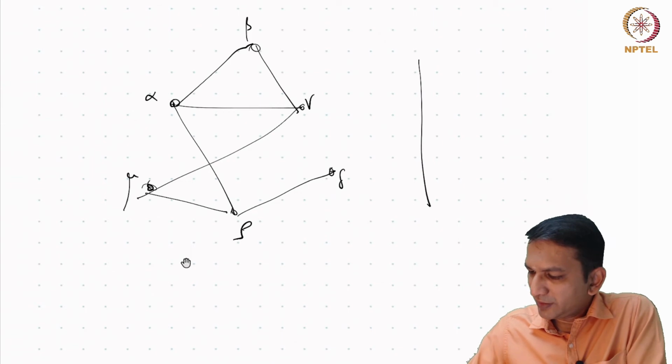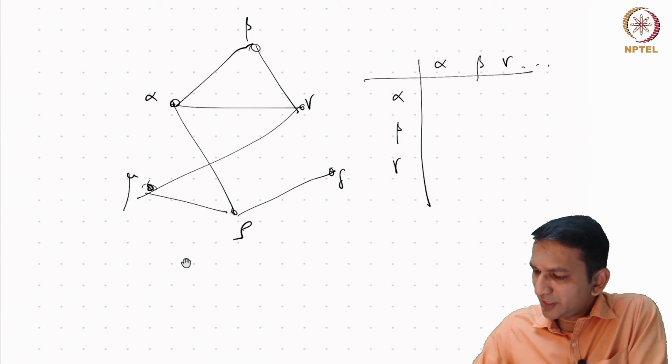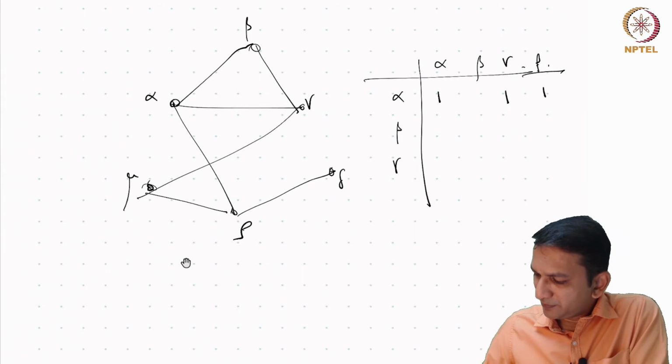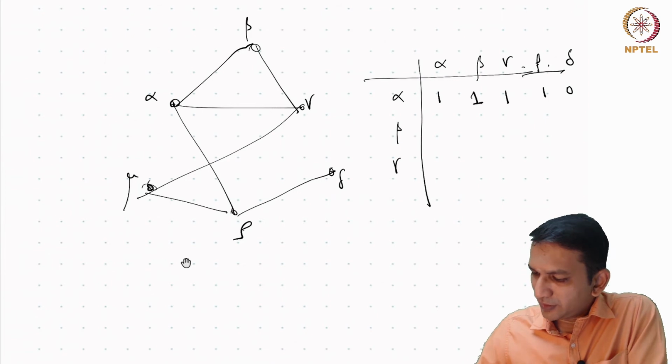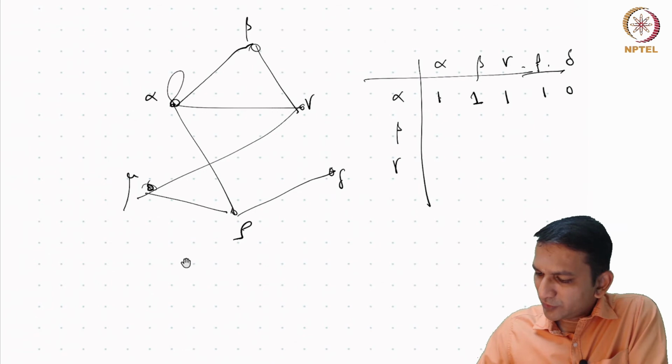then if you were to write this, since alpha is related to beta, you get a 1, alpha is related to gamma, you get a 1, it is related to rho, you get a 1, alpha is not related to delta, so you get a 0. Now, alpha, whether it is related to itself or not, so if you have a self loop, yes, otherwise you should put a 0 here.